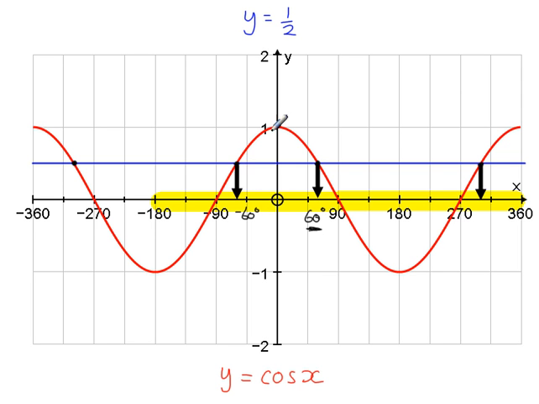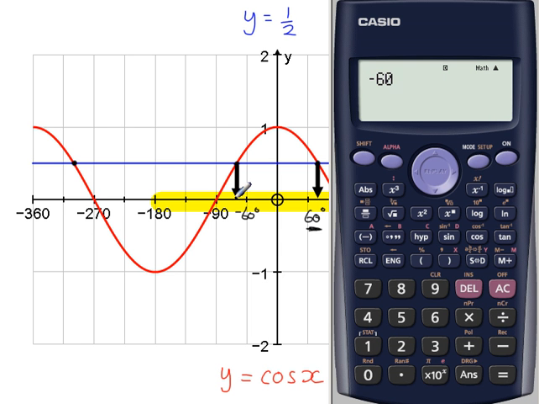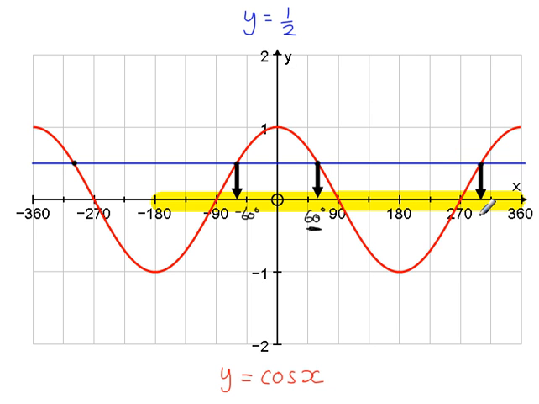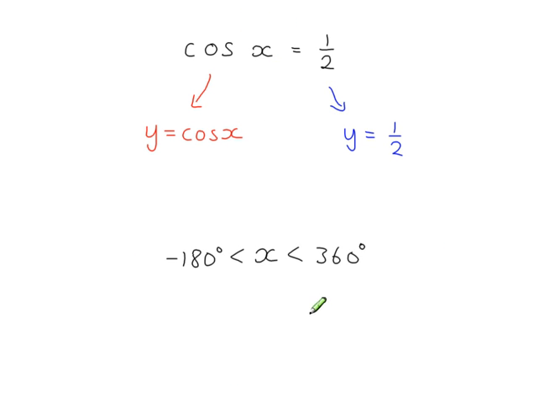And looking at the period of the graph, this solution here is 360 degrees from this one. So minus 60, which is the angle there, plus 360 is 300, so the angle there is 300 degrees. So we have our solutions. These are the values of x which are solutions to this equation for values of x in this range.